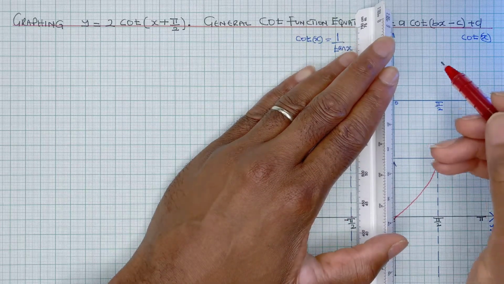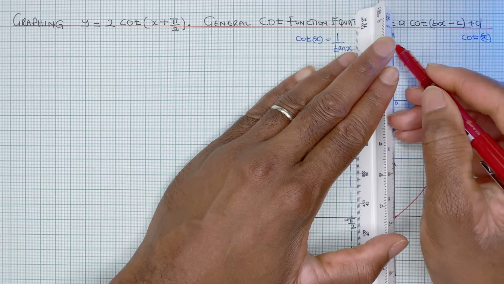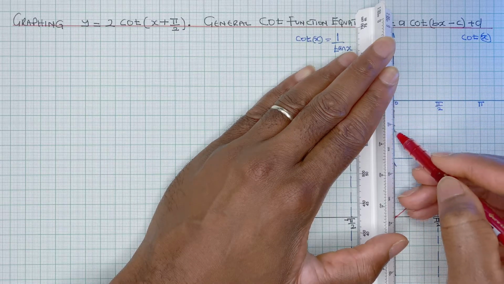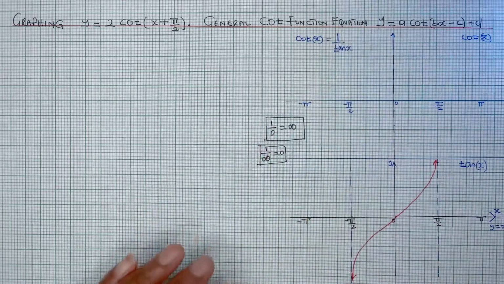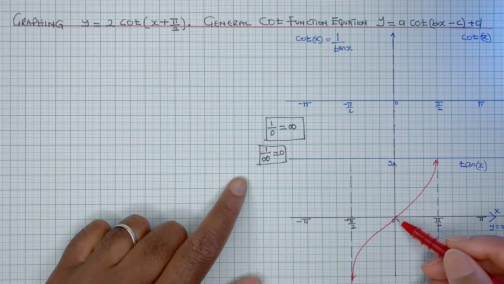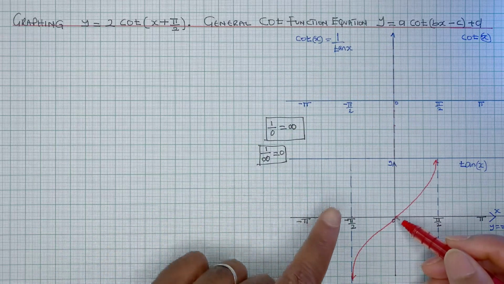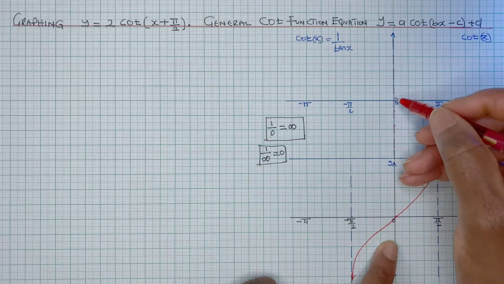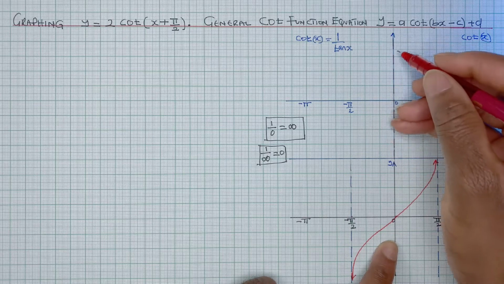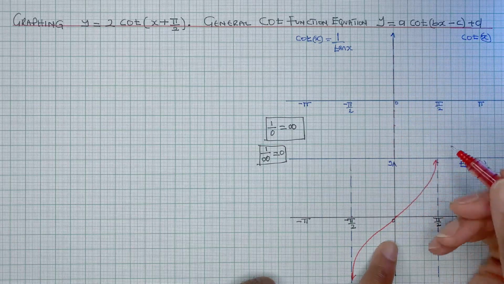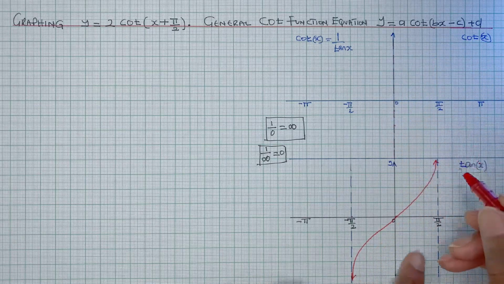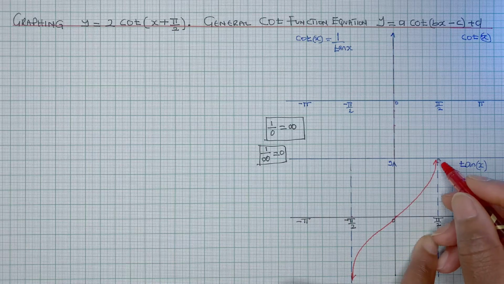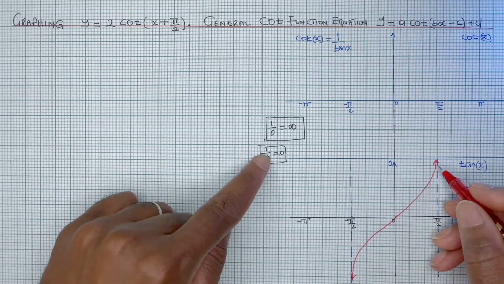I'm going to use a red pen so you can see that. So it's 0 for cotan, because 1 over 0 is infinity. And therefore, this will be the line it approaches. And then what about pi over 2? Well, pi over 2 is infinity for tan. So 1 over infinity is 0.